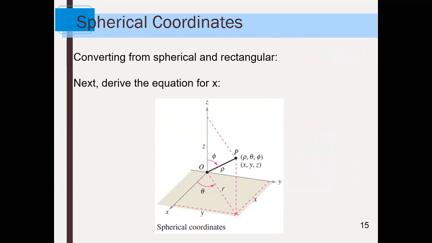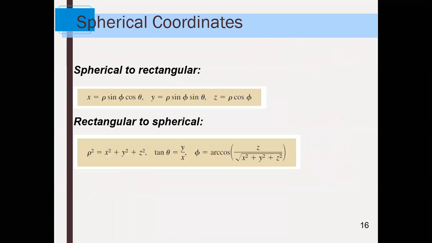So here we go. We already found an equation for x, but here are the main equations. Spherical to rectangular: x is rho sine phi cosine theta, y is rho sine phi sine theta, z is rho cosine of phi. We even had an extra one that we tacked on for free.